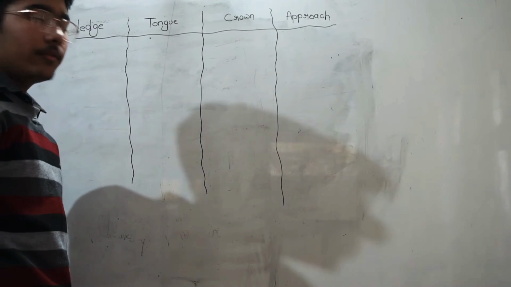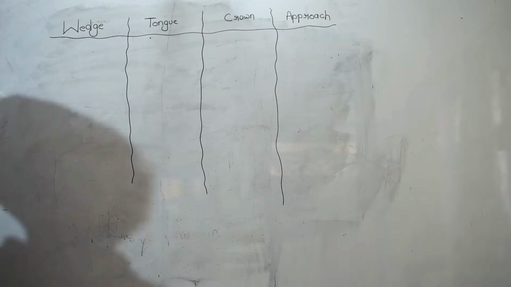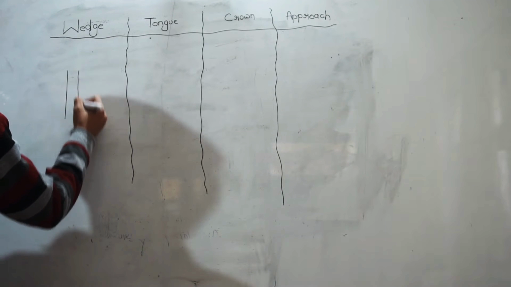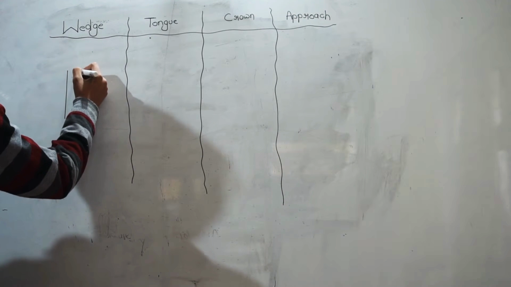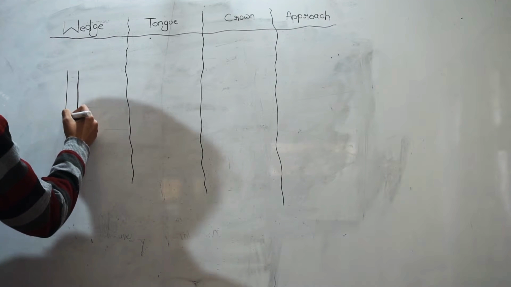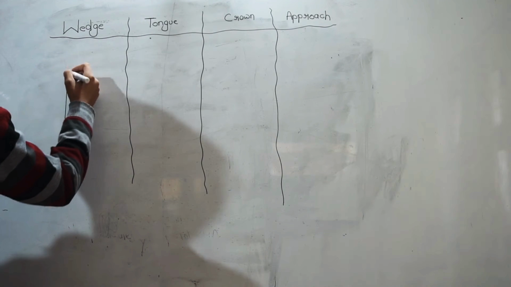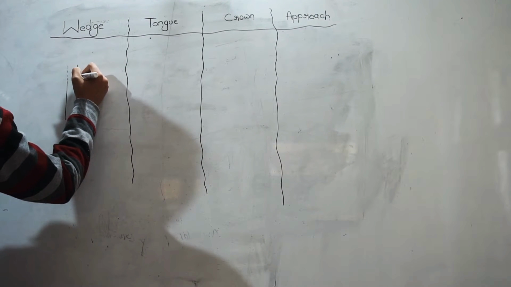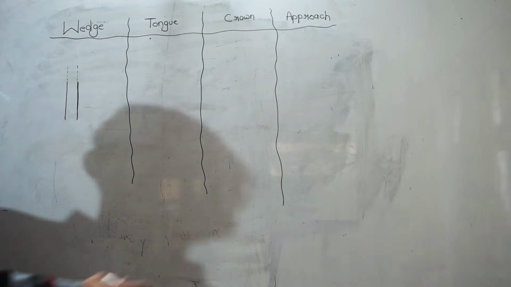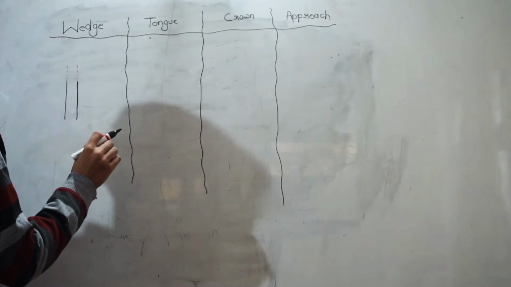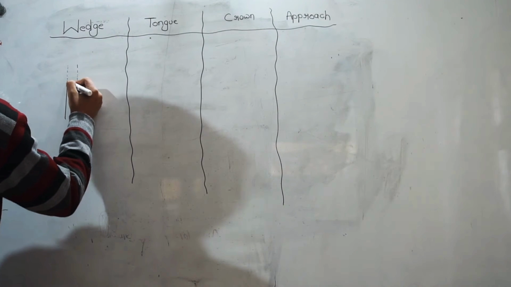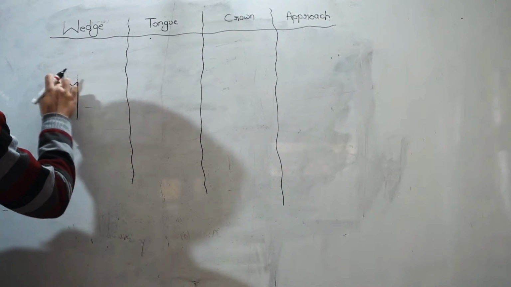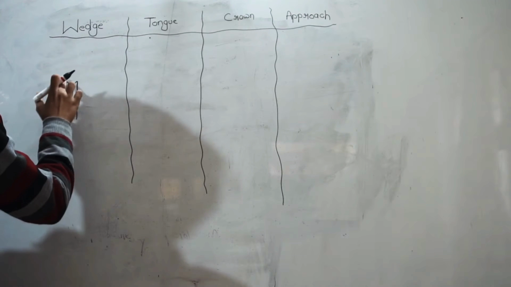So in a wedge grafting, let's say this is a plant, and in this plant you have given a V-shaped cut from here and you remove the remaining part like this.